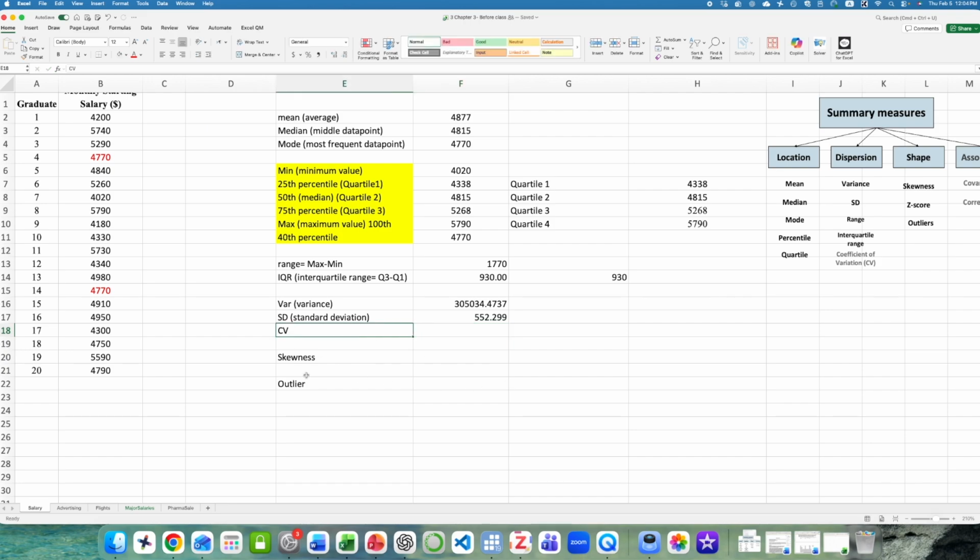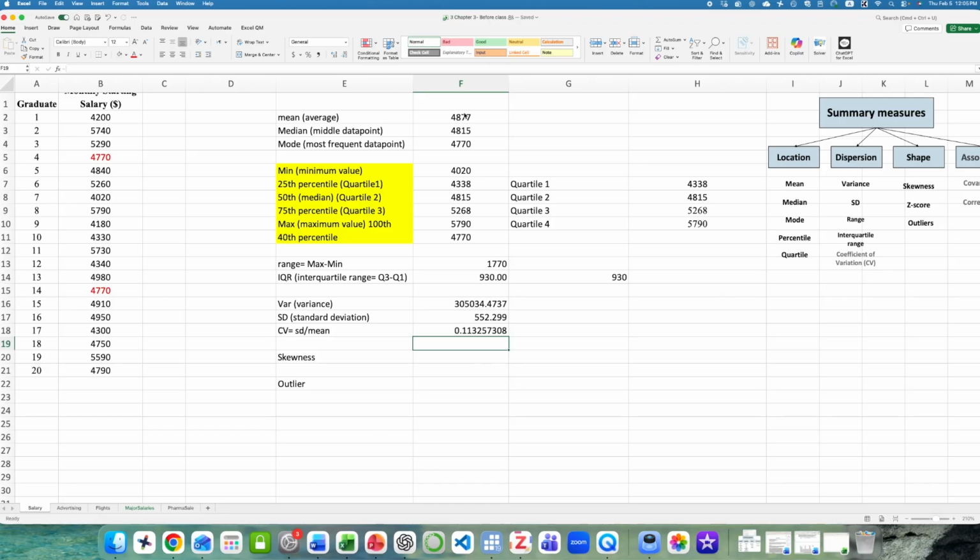Next measure is the coefficient of variation. Coefficient of variation shows data spread relative to the mean. In order to calculate it, you need to divide the standard deviation by the mean. So let's calculate that. We already have the standard deviation divided by the average.